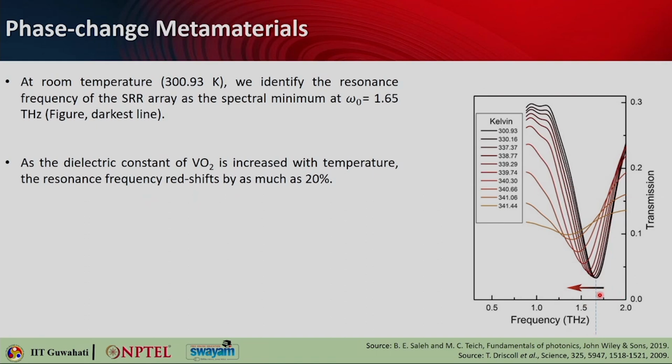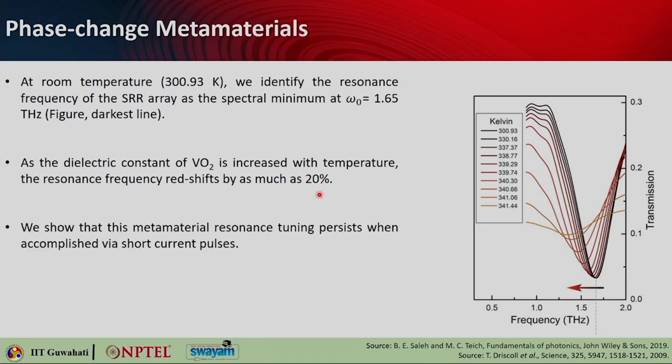The frequency decreases means wavelength will go towards larger wavelength. So, it is called a redshift, and the amount of redshift is as much as 20%, which is pretty good. We show that this metamaterial response tuning persists when accomplished via short current pulses. So, you can send short current pulses and that will do this kind of temperature heating.